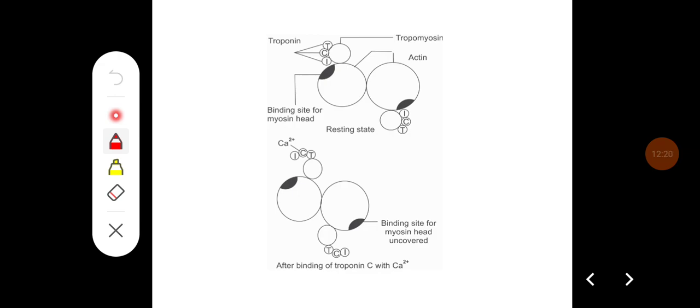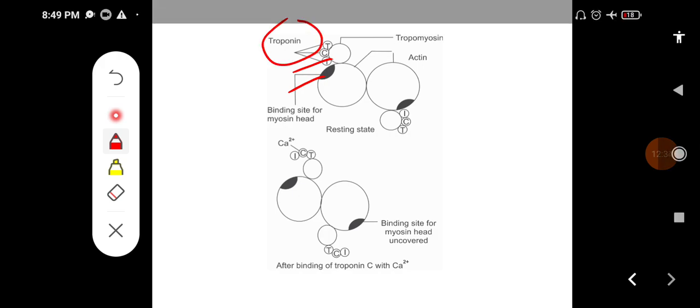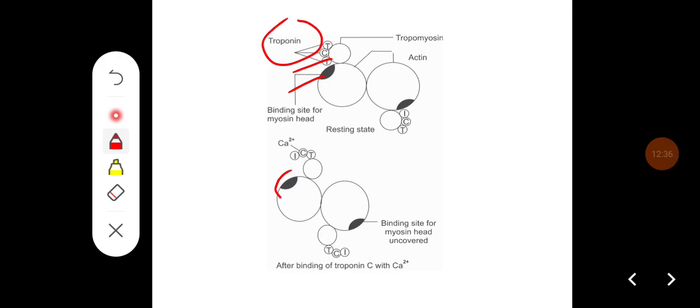This diagram shows the position of the troponin I and the binding site of the myosin over the actin. When the calcium binds to troponin, the binding site of the myosin head for actin is exposed, and the myosin head is going to bind to the actin.